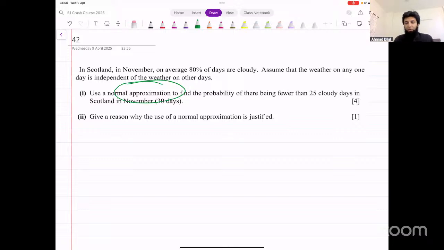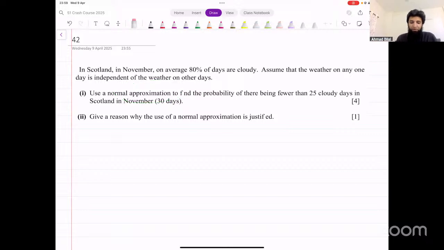So whenever you see the word approximation, it tells you that the original distribution is binomial and you have to convert it to normal.